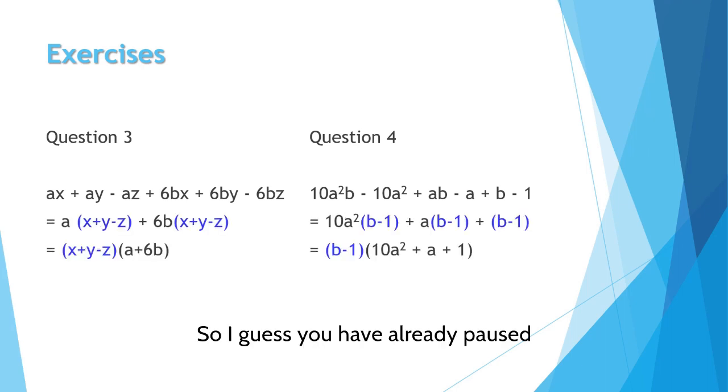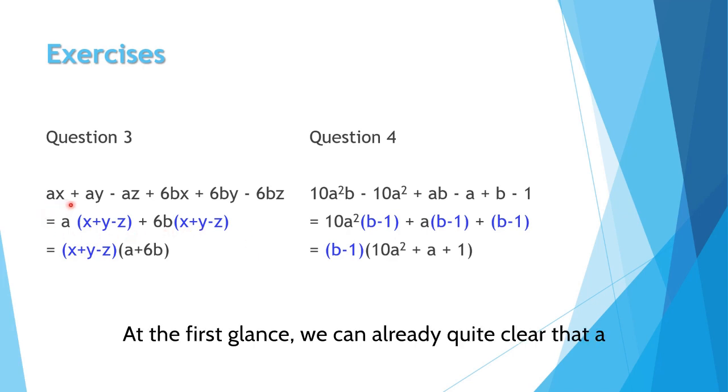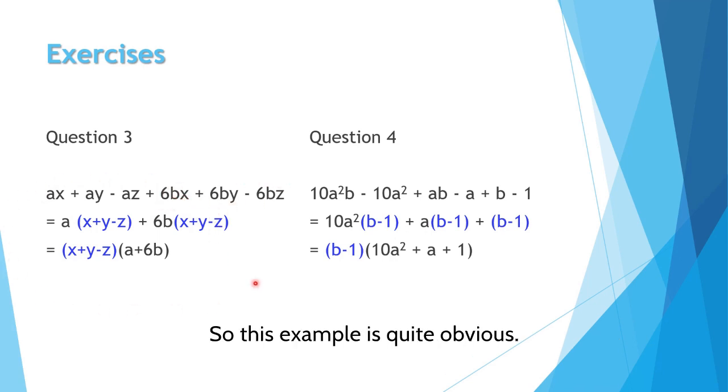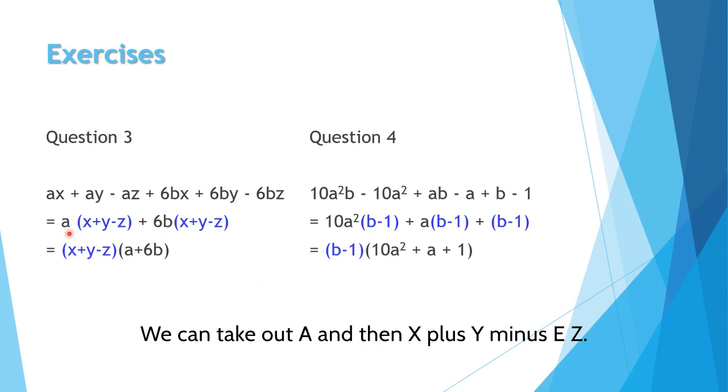So I guess you have already paused the video and done your steps. Here is the answer. At first glance, it's quite clear that a should be one group and 6b could be another group. So this example is quite obvious. We can take out a and then x plus y minus z.